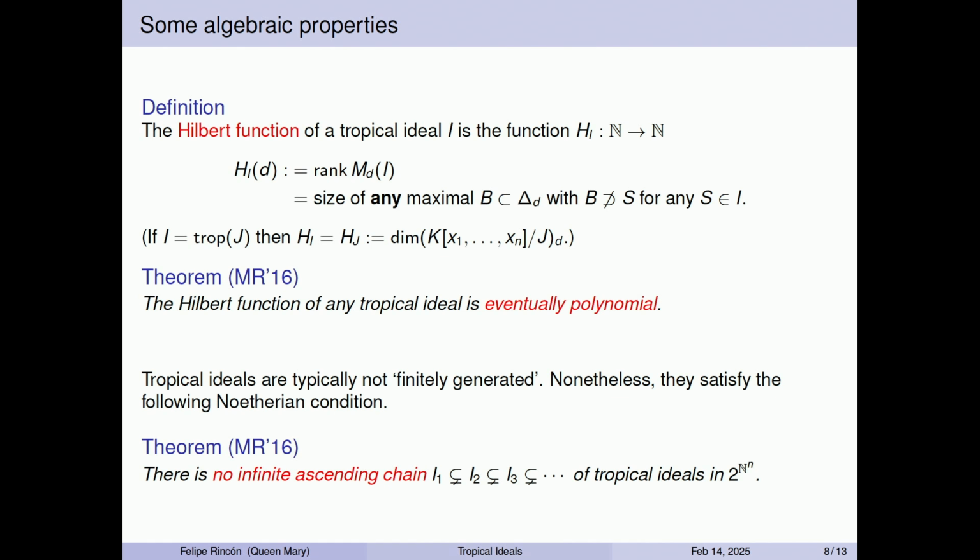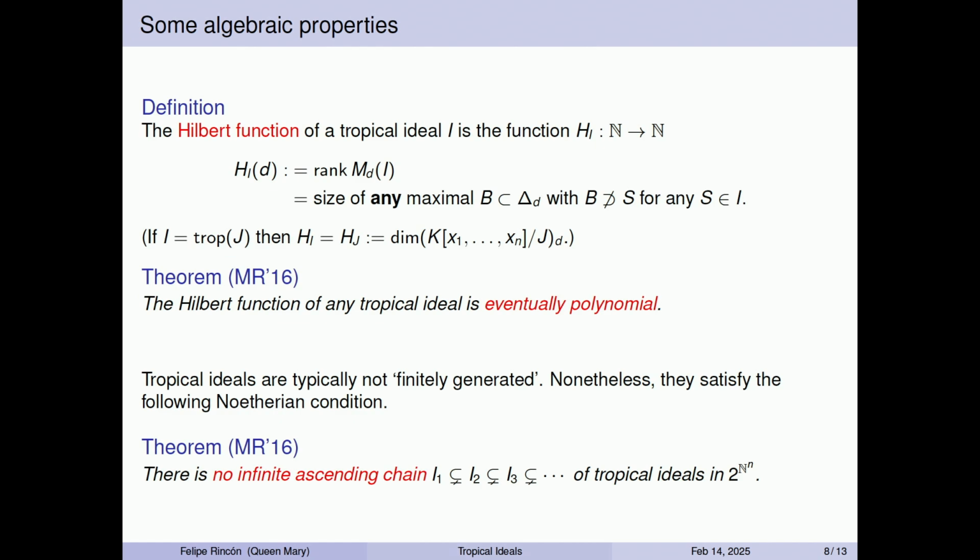It's not true that if you pick some fixed collection of subsets and take all unions of them and multiples of them, you'll get a tropical ideal. So you really need infinitely many generators, but still they satisfy the ascending chain condition. So we're kind of in a Noetherian situation here, where you cannot find an infinite ascending chain of tropical ideals in a fixed number of variables.